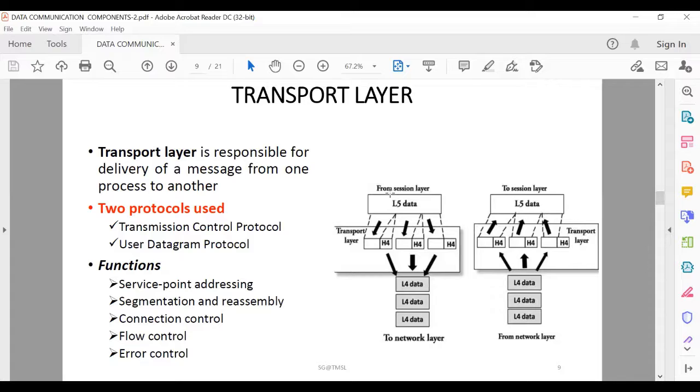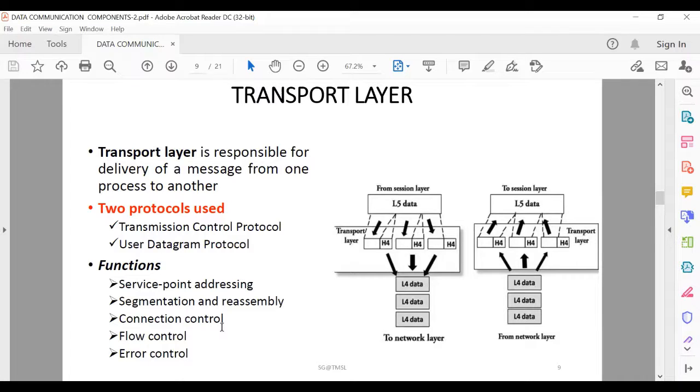When the message has arrived at the destination, the transport layer reassembles the message based on their sequence numbers. So this is called segmentation and reassembly.